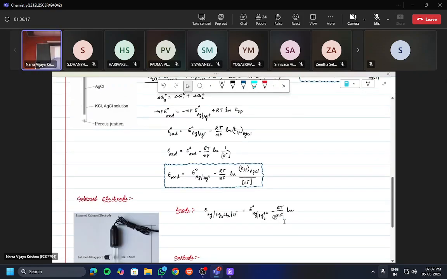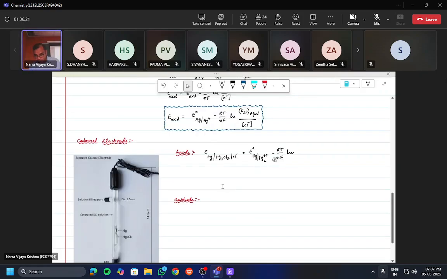Anode means this only, na? This is the anodic cell only, na? Oxidation, right? Why, sir, square? Hg2Cl2 gives Hg2 plus 2 plus 2Cl minus. Any questions in that?